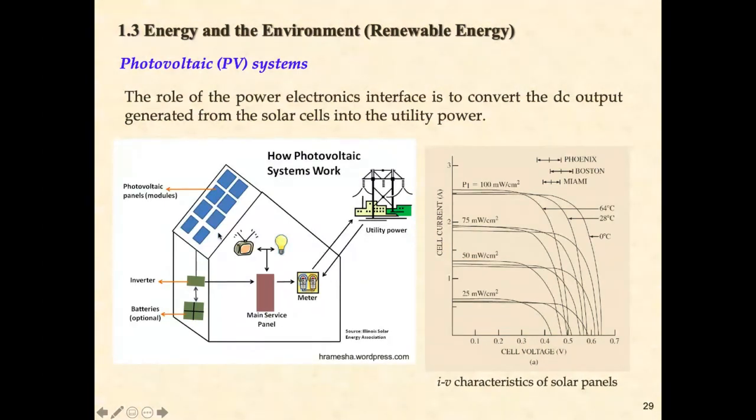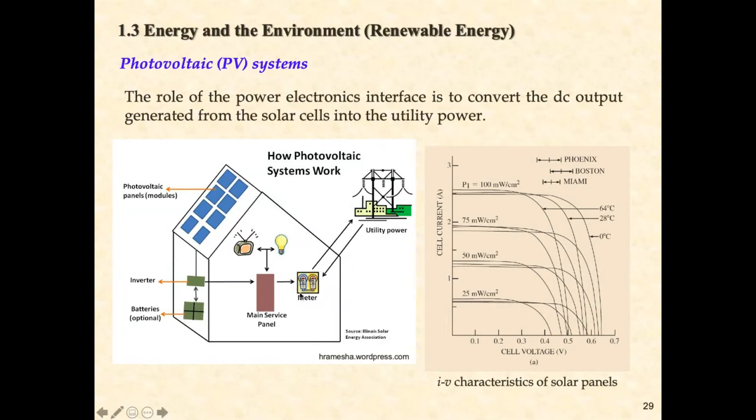But our loads at home are mostly AC, right? So for DC to AC, we need an inverter. We can also store the DC power in batteries, because batteries are also DC, but we need to regulate the voltage and then store it into the battery. With that process, we also need the power electronics interface.